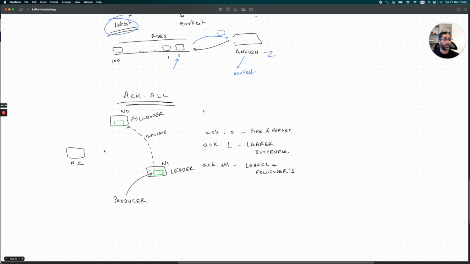Acknowledgement 0 means fire and forget. If the messages are not written to the leader, I don't care. If the leader writes it and goes down, I don't care. A way between both of these is acknowledgement 1, which means that it will wait for the message to be written to the leader, but it will not wait for the message to be written to the follower. What happens if the message was written to the leader and then the leader dies?